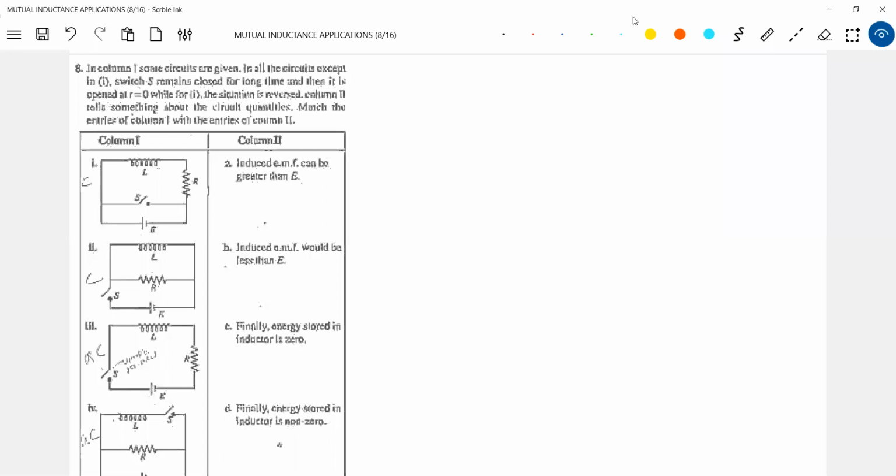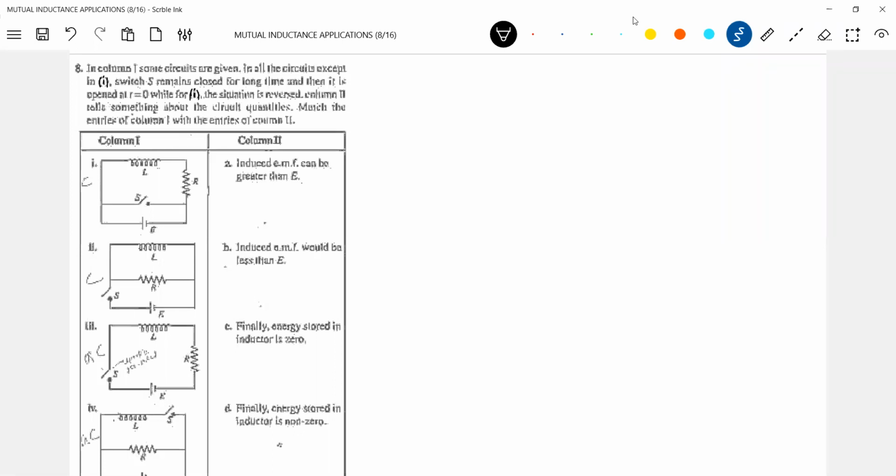In all circuits except one, the switch is reversed. This is one, no? I think I'm unable to see it. Then okay. Okay, now read it.